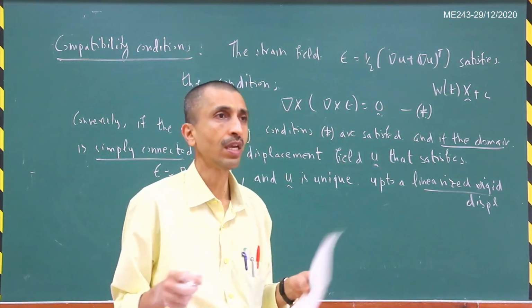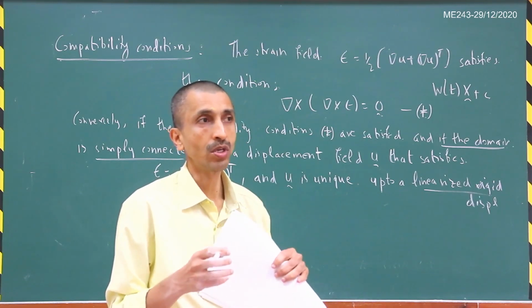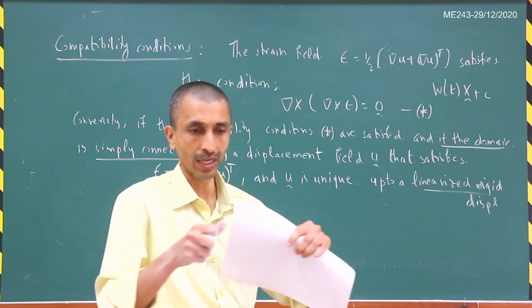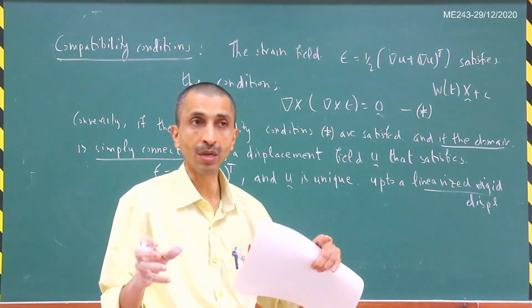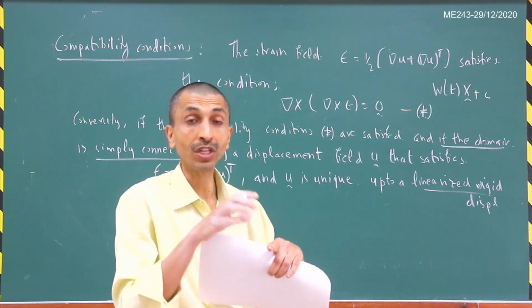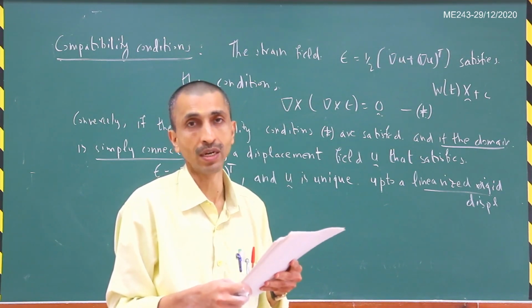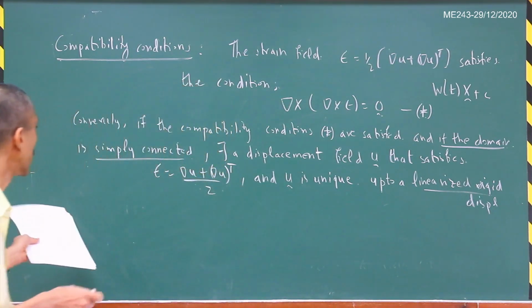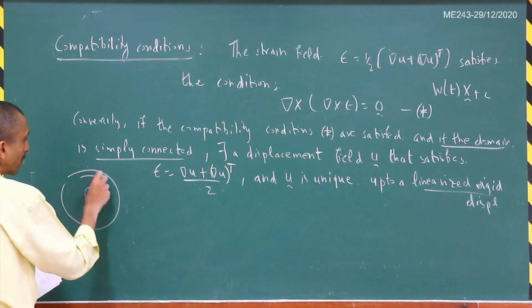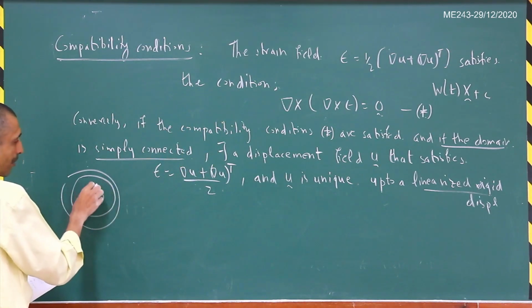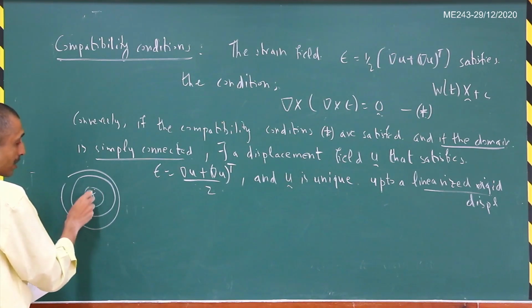If you take a stretched rubber band in any part of the domain, and if you are able to shrink it to a particular point without leaving the domain, then that region is called a simply connected region. For example, in the 2D context, if you had a hole and I put the rubber band like this, then I will not be able to shrink it to a point without leaving the domain, because this part here is outside the domain.